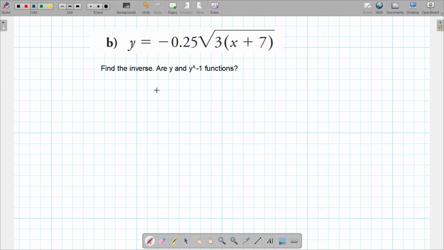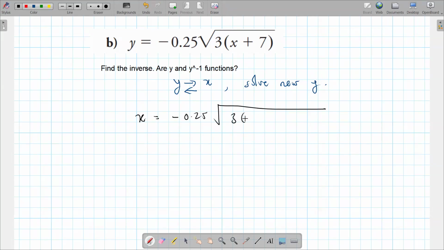So anyways, to find the inverse algebraically, here are the steps. Step number one, y becomes x, x becomes y, okay? And then you're gonna solve for the new y. So x is on the outside now, equals negative 0.25 times the square root, now y is on the inside. There we go. How do we solve this?